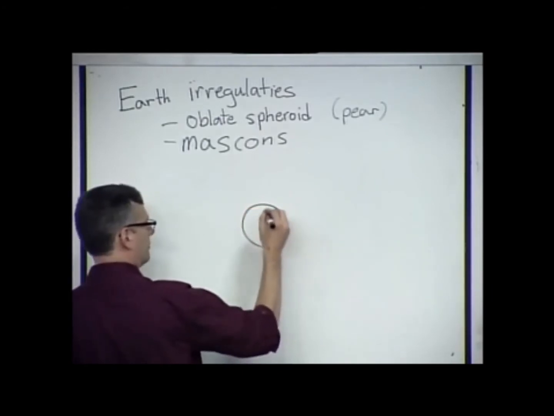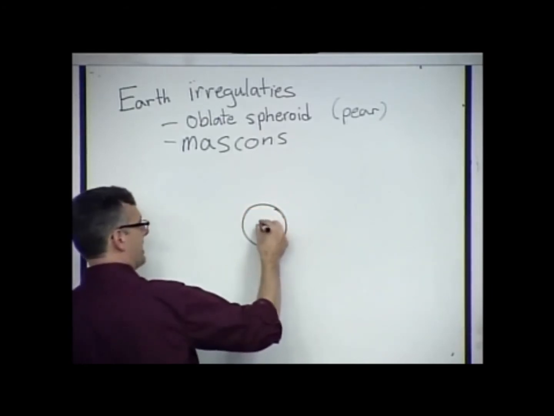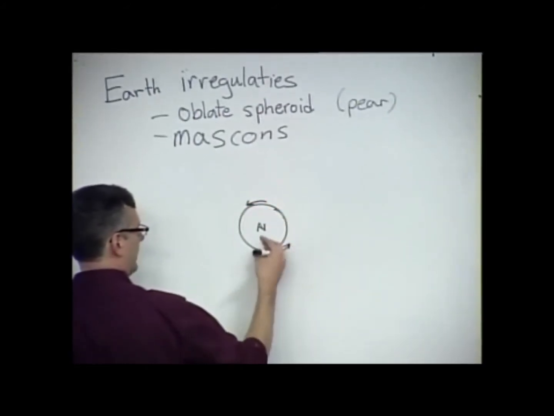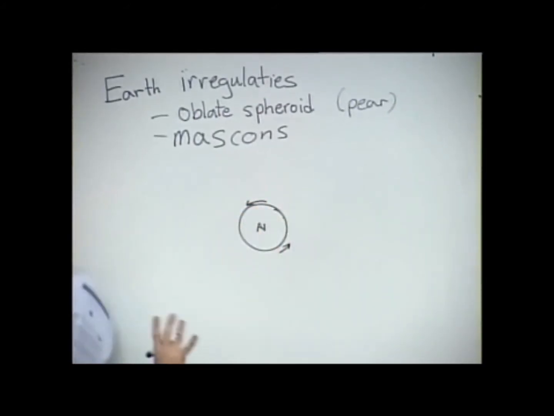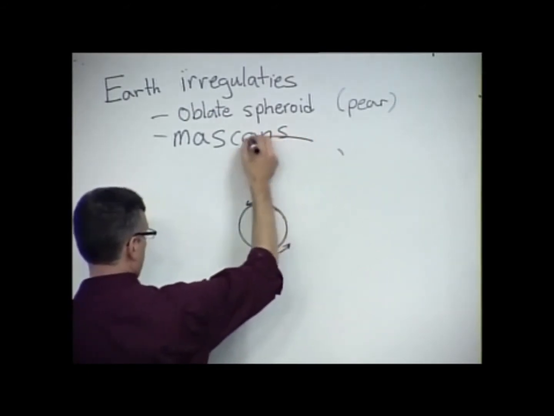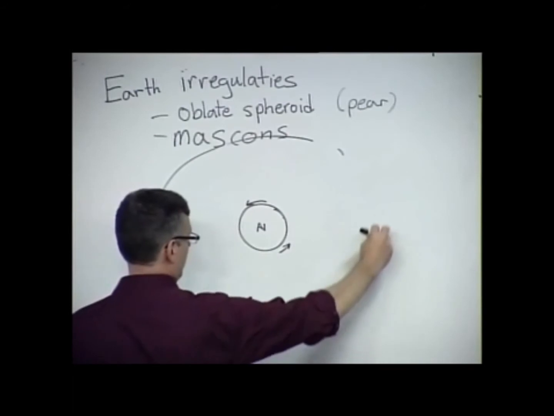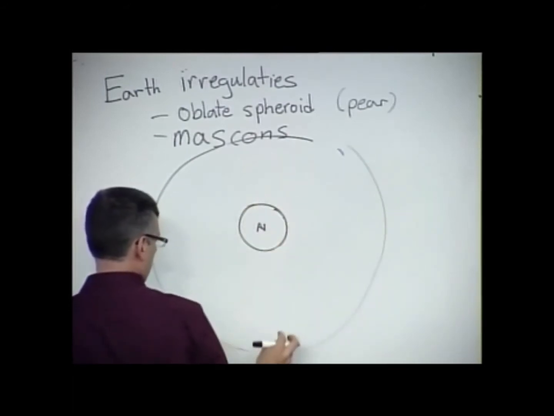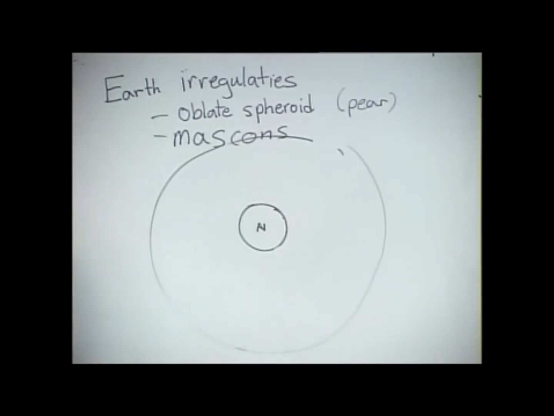This is the North Pole, we're looking down at it, and the Earth is spinning this way. But in absolute space, if we ignore the rotation of the Earth, this is something that is really only important for geostationary Earth orbit satellites.